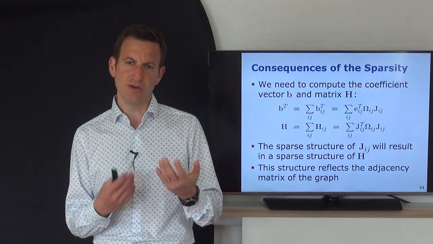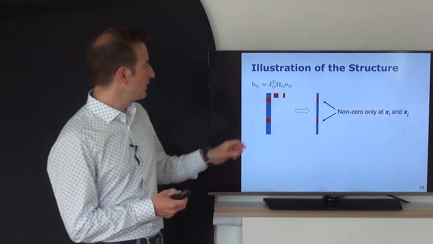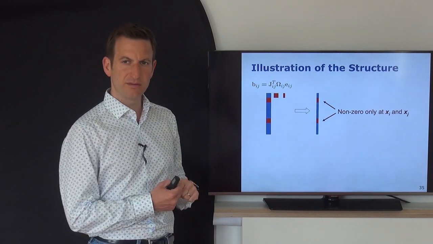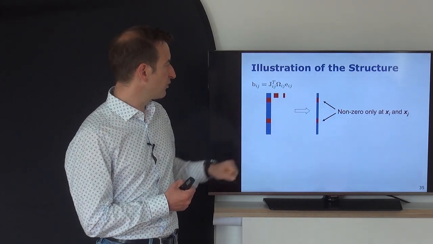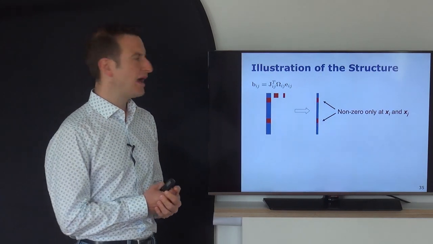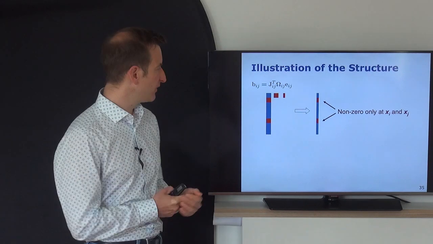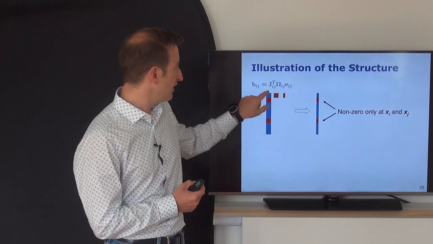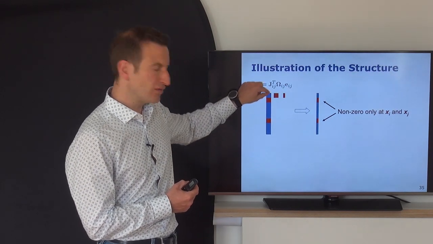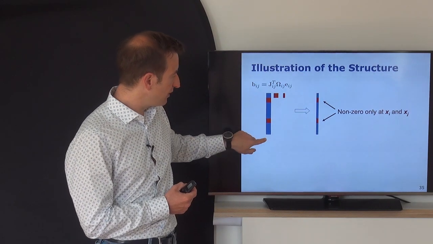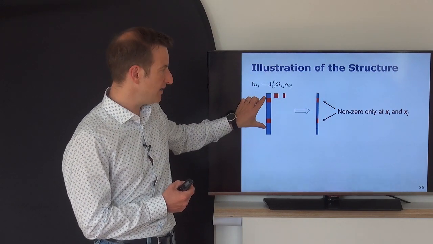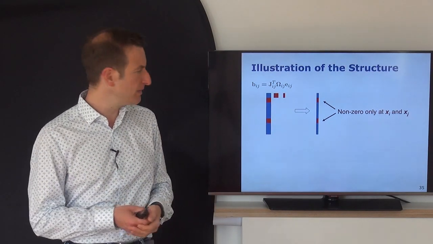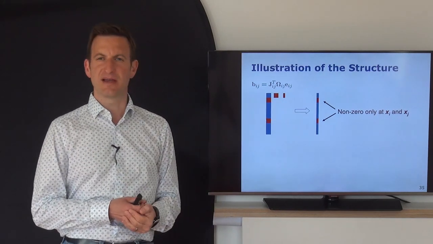I want to illustrate that now through a small illustration. What you have here is this vector b. Everything which is shown in blue are zero elements, and everything which is shown in red are non-zero elements. The vector b consists of my Jacobian transposed, which is very long, as these are the dimensions of my state vector, multiplied with an information matrix, in this case for example a 3x3 information matrix, and then my three-dimensional error vector.